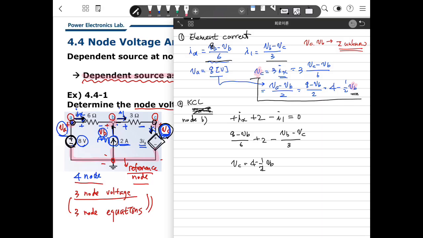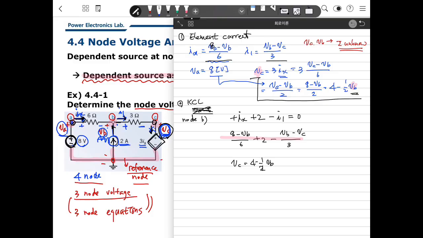Adding that here, and we have one equation, which will be 0. So we have this equation and this equation. Based on these, we can calculate VB and VC respectively. That's how to solve the circuit using node voltages with an independent source.